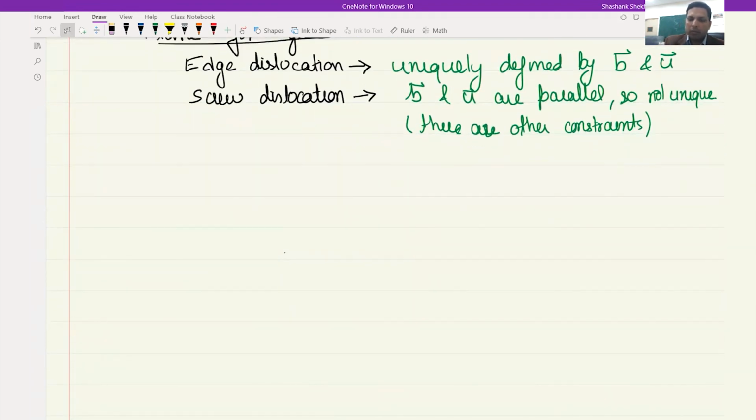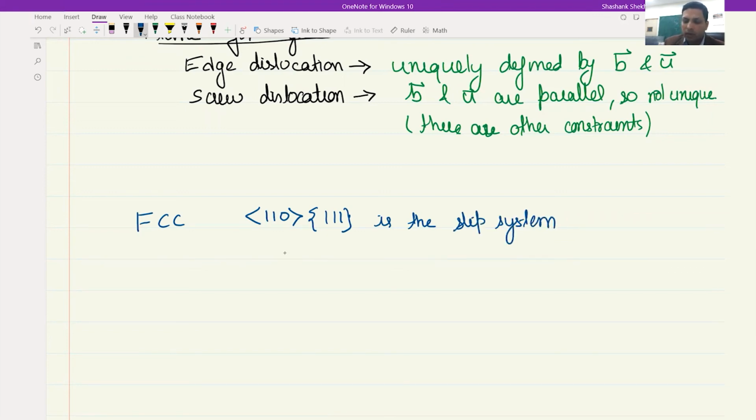So for example, let's talk about an FCC system, and I will jump ahead a little bit and tell you that 110 and 111 is the slip system for FCC. We will derive this later on. And when we write it like this, what it means is this is the Burgers vector and this is the slip plane.